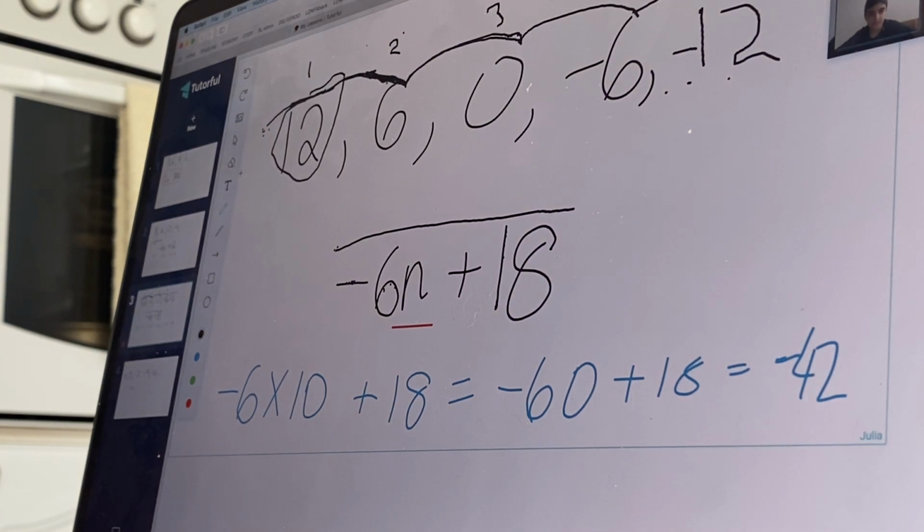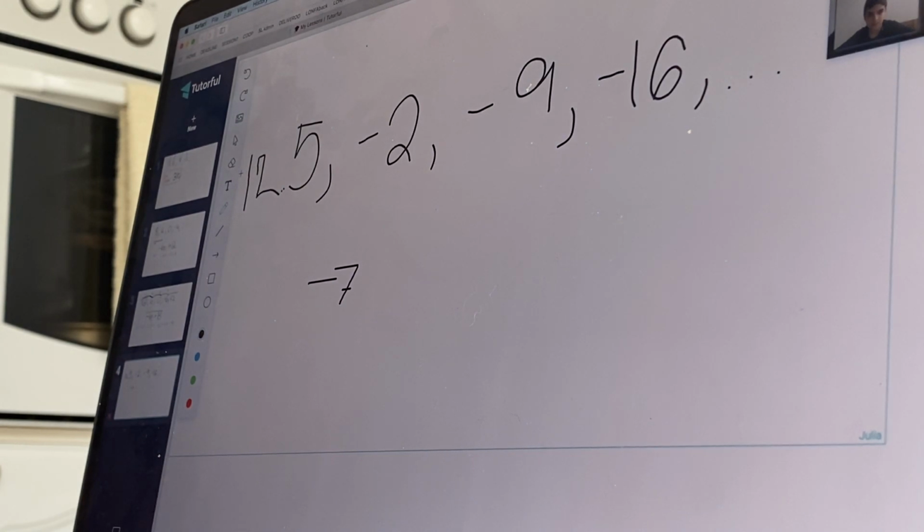Okay, let's go back to this example here. I'll just get rid of the 12 because it might confuse us a little bit. Let's start with one from scratch. So we've got 5, minus 2, minus 9, minus 16. So try and find the nth term here. 7 is the nth term.